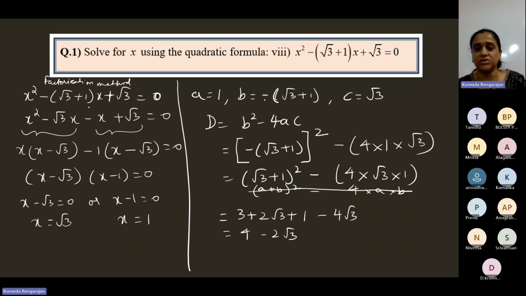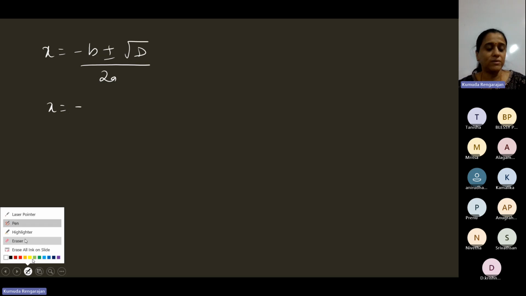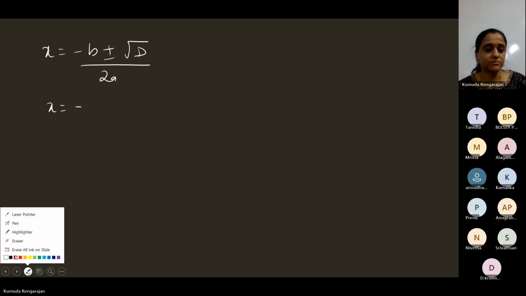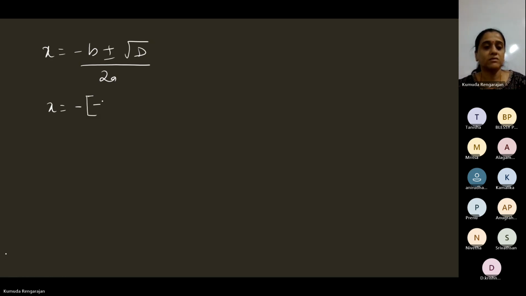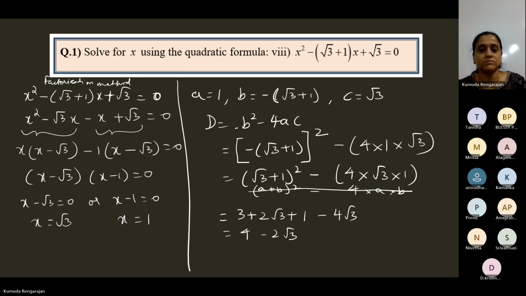Minus, so plus root 3 plus 1. There's another minus, no? Minus into minus plus. This is minus B, this is B, right? Minus B plus or minus root D, root 4 minus 2 root 3, by 2A, 2 into 1.